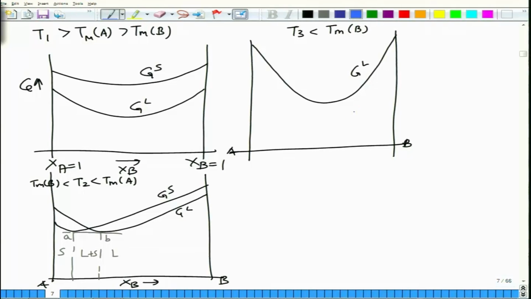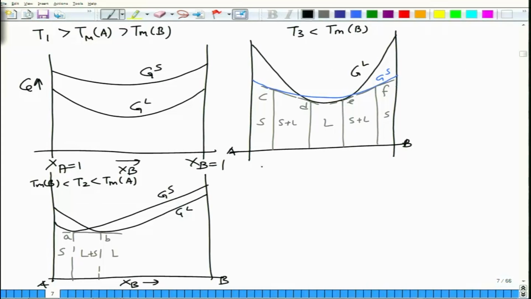The solid phase is a bit like this. So this is GS, and when you draw the common tangent now, you can draw a common tangent here and you can draw a common tangent here. So these are 4 points. So you will have solid, solid plus liquid, liquid, solid plus liquid, and solid. Let's say this is C, D, E, F.